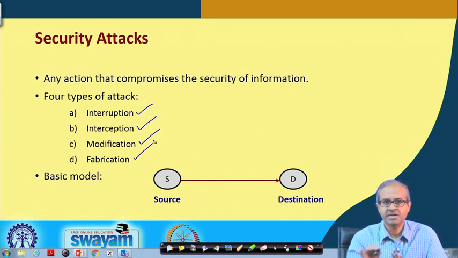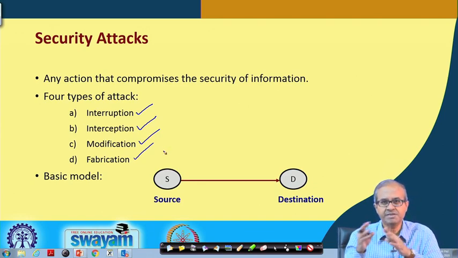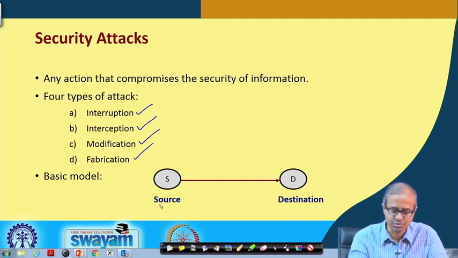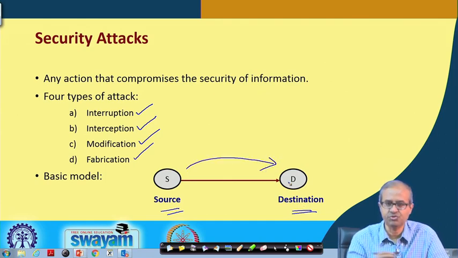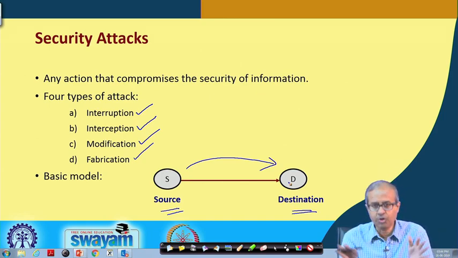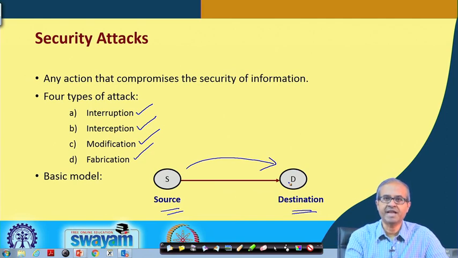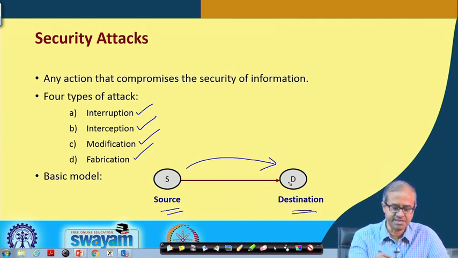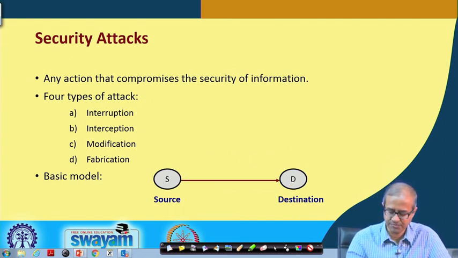Our generic model is like this: we are assuming that we have a networking infrastructure, where there is a source and a destination, and the source is trying to send some message to the destination. This is the thing which is being done, and on this some kinds of attacks are being carried out. Let us see with respect to these 4.